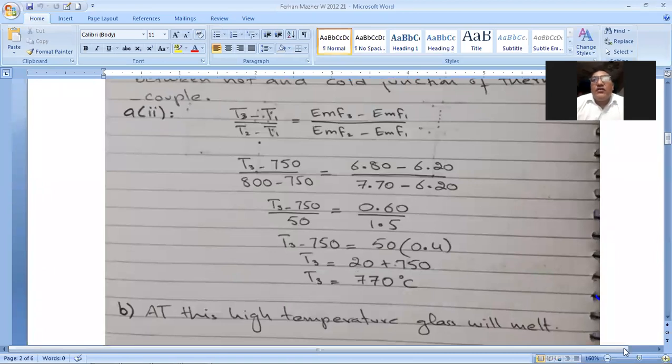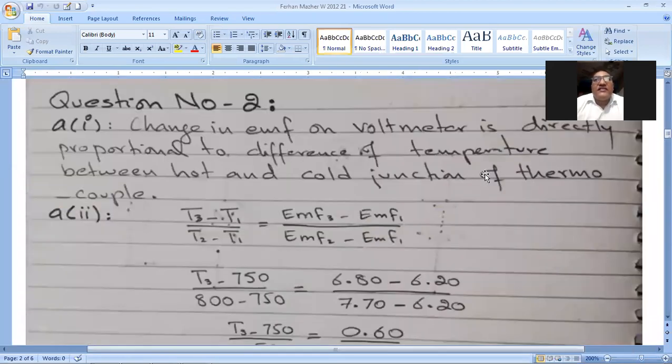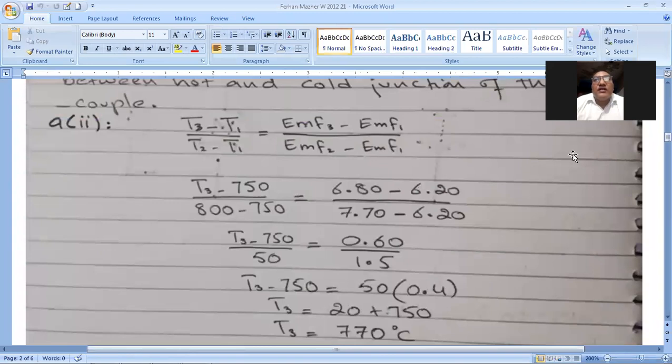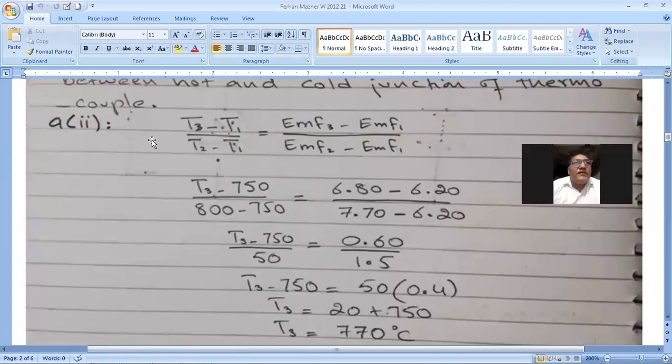Let me increase the size so you can see it more clearly. Here we have a formula: (T3 minus T1) divided by (T2 minus T1) equals (EMF3 minus EMF1) divided by (EMF2 minus EMF1).